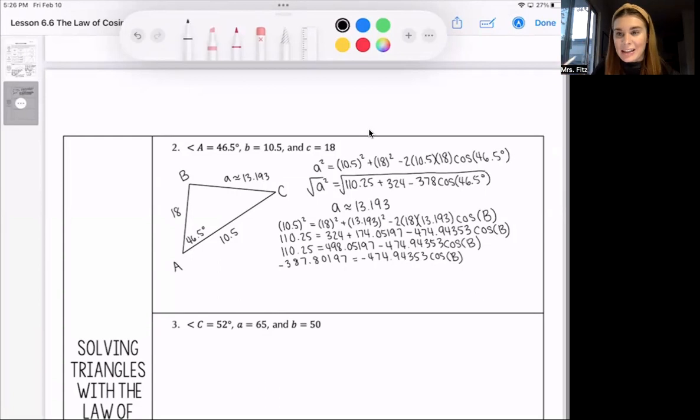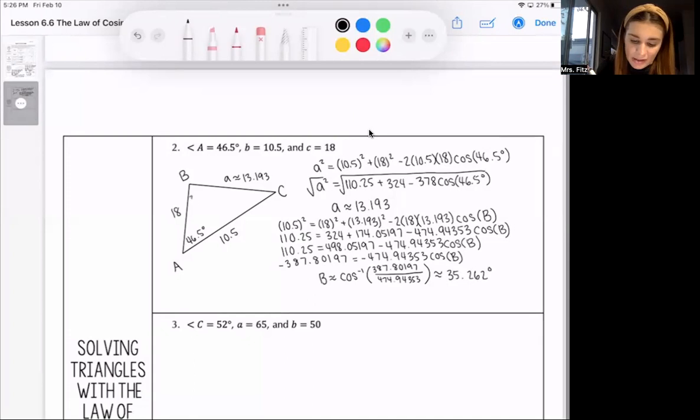When I get to this point, I typically just write that B is about the inverse cosine of all this stuff. It would be 387.80197 over 474.94353. And then when you punch that into a calculator, you get your angle, which is about 35.262 degrees.